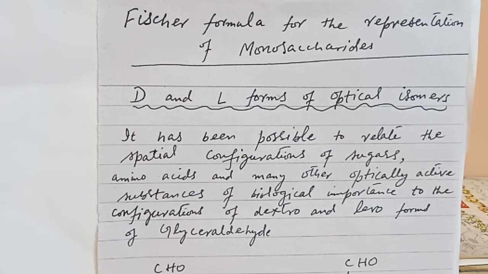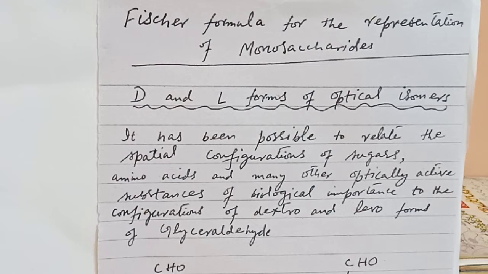now students, as I am starting stereoisomerism, in this concept you will study the monosaccharide sugar molecules and their representation by the scientist Fischer, which is called the Fischer formula.